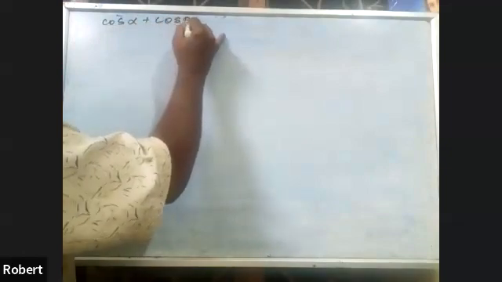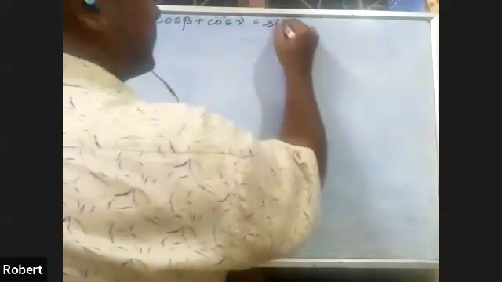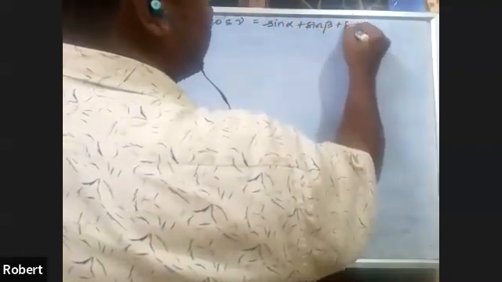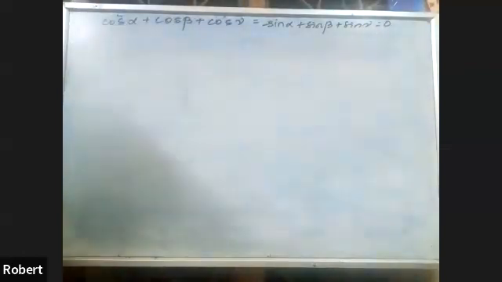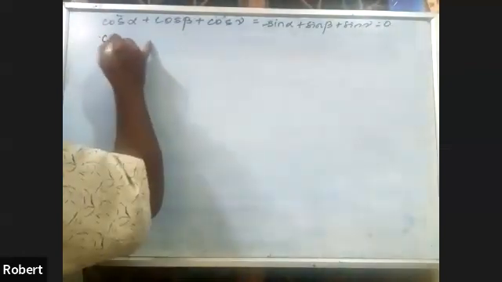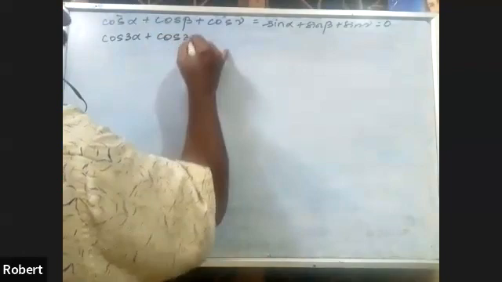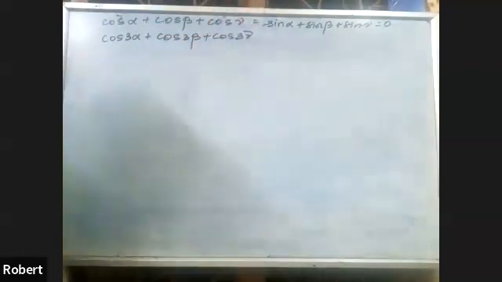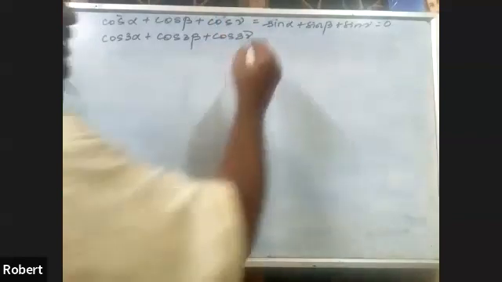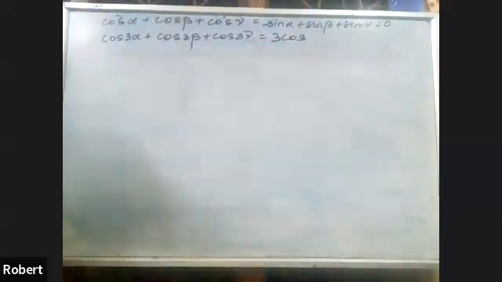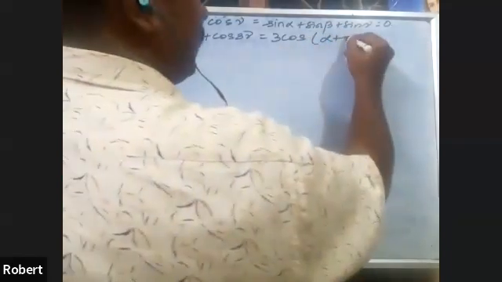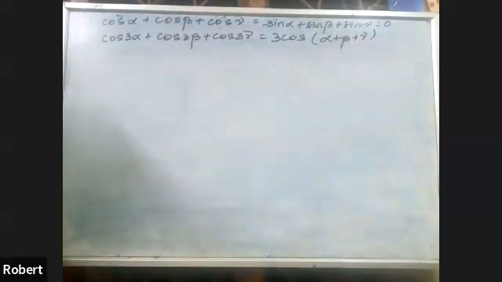If cos alpha plus cos beta plus cos gamma is equal to sin alpha plus sin beta plus sin gamma, which is equal to 0, show that cos 3 alpha plus cos 3 beta plus cos 3 gamma is equal to 3 cos(alpha plus beta plus gamma).